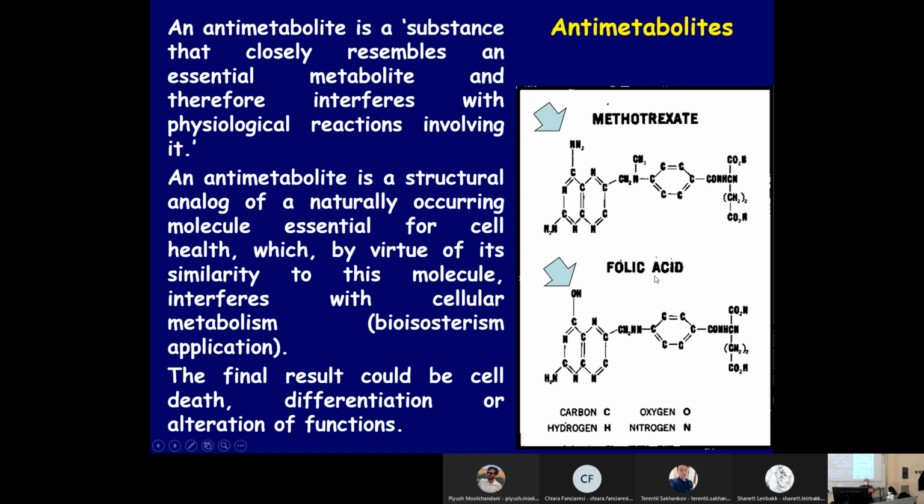Folic acid is very important for the cell life because it is a donor of carbon unit. Folic acid is important in the synthesis of DNA bases. So if we block the formation of folic acid, we block the formation of DNA for a cell.